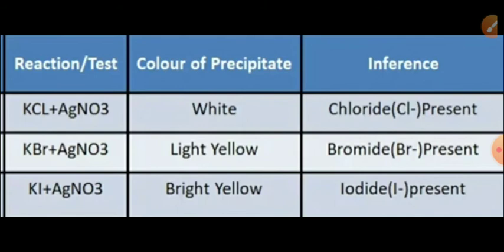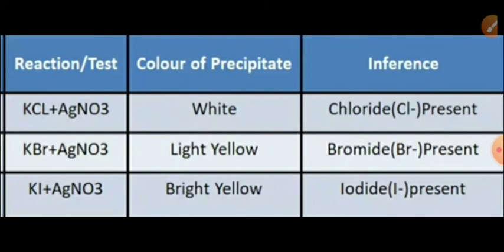Now some multiple choice questions are given here, children, on page number 3 in your book. For the first one, the valency of elements in the halogen group is 1. The second one, the most reactive element in the halogen group is fluorine.